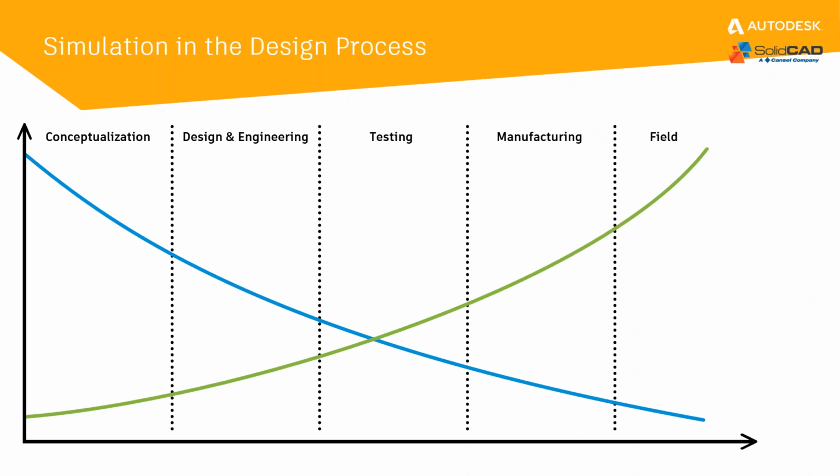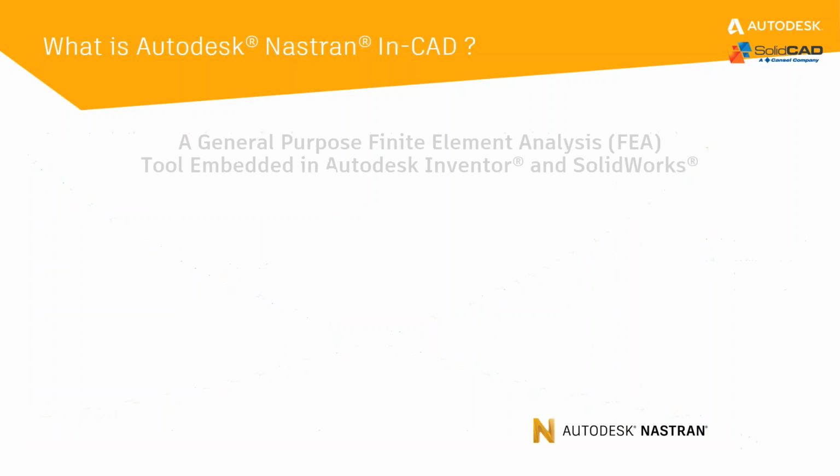In terms of where simulation fits in the design process, ideally we should be able to use simulation early in the design and engineering phase, where the ability to affect functional capabilities is highest. Traditionally, this is done after a part fails, with increased costs and complications.